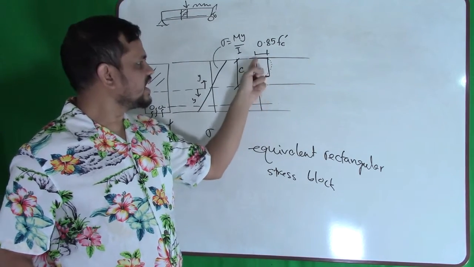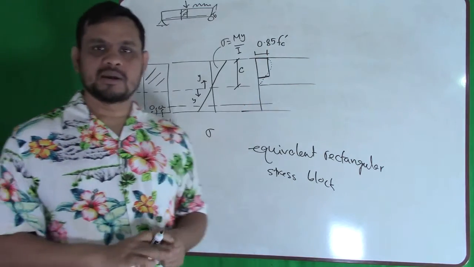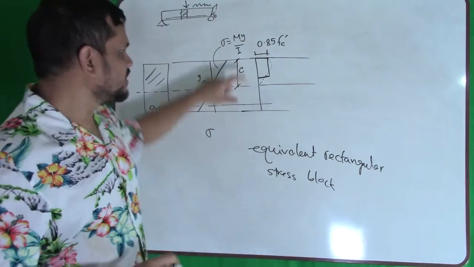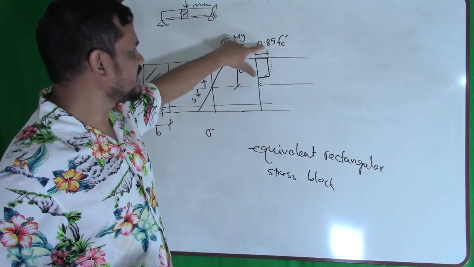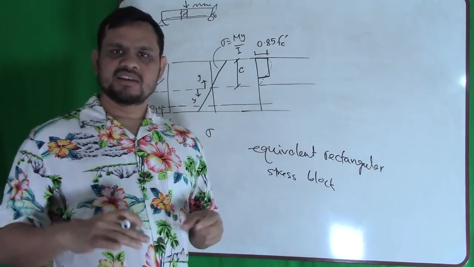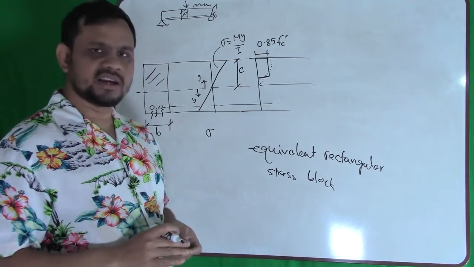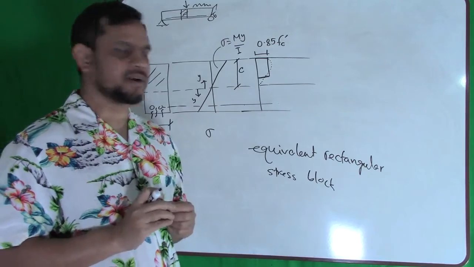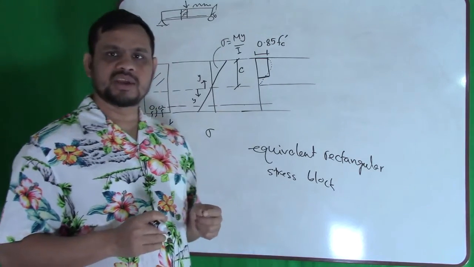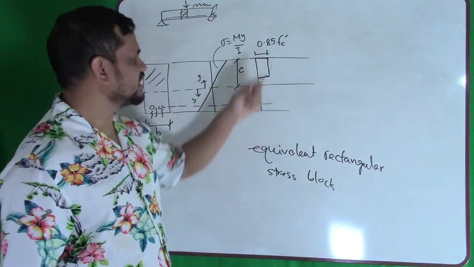We are taking 85% of this. So this value is 0.85 f'c. Where we got the 0.85 is just based on research and experience. ACI assumed this number, 85%, and if we do the calculation by numerical analysis, we will see that it is 0.85 f'c.